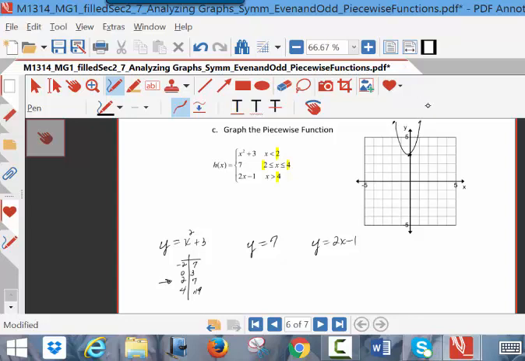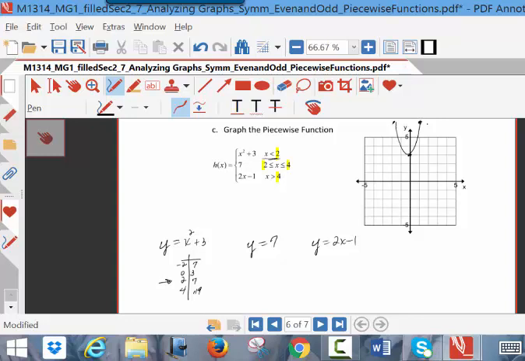Now, you're not going to get to have all of it. That's what piecewise functions are all about, you're going to get pieces of the function. So this one says where x is less than 2, or where x is to the left of 2. So the point 2, 7, which is way up here, we're going to be to the left of that point.